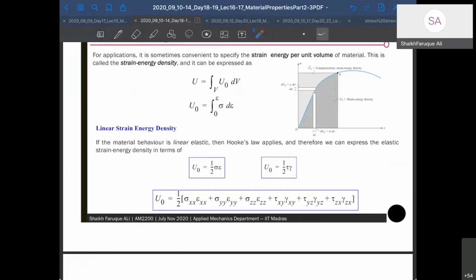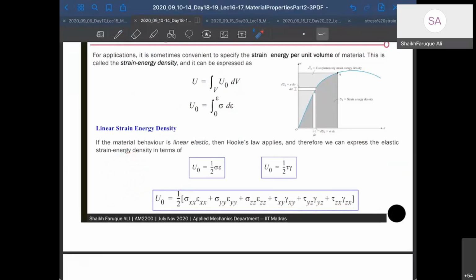The complete expression for strain energy now has sigma, but this sigma is not a single sigma. In a 3D body, the stress has 6 components: this way, this way, this way, and again this way, this way, this way, and so on. So it is half into sigma x into epsilon x, half is outside, sigma y into epsilon y, sigma z into epsilon z, tau xy into gamma xy, tau yz into gamma yz, tau zx into gamma zx.